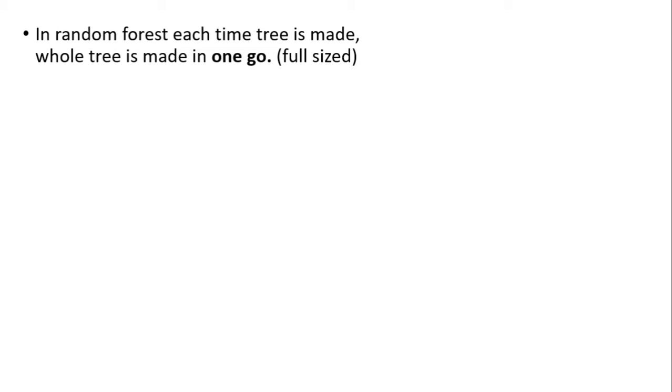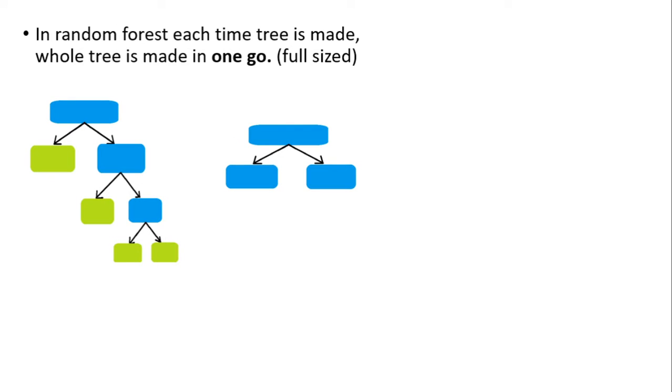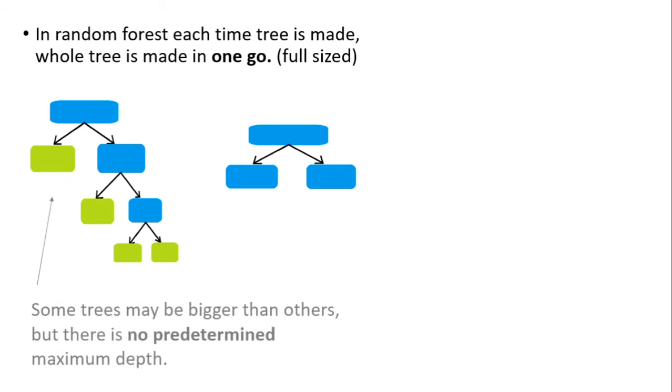In random forests, each time a tree is made, the whole tree is made in one go, or we can say a full size tree is made. For example, these are two trees which may be part of some XYZ random forest. As you can see, each time a tree is made in a forest, it is made from top to bottom, that is, from root to leaf, in one go.